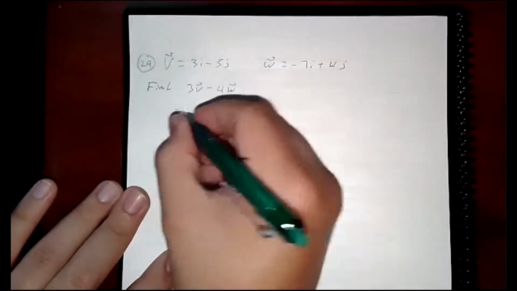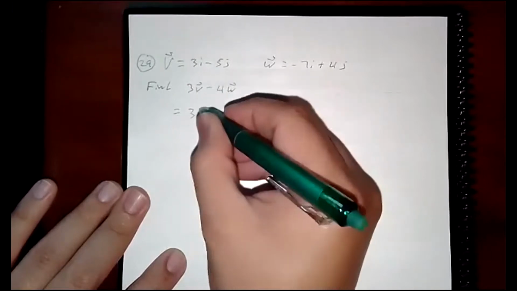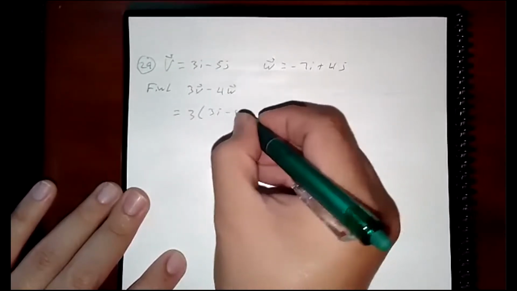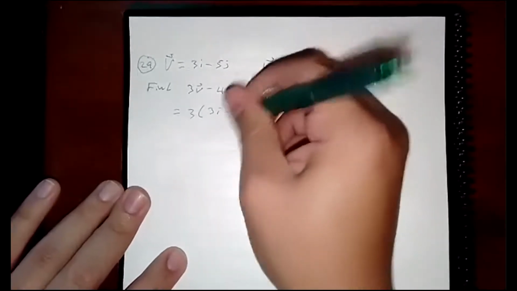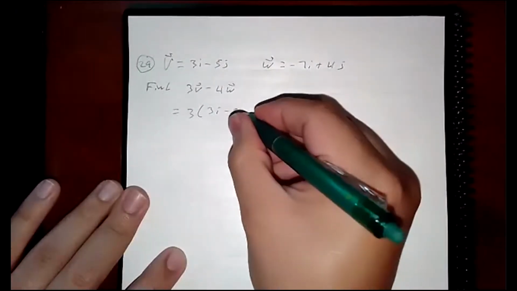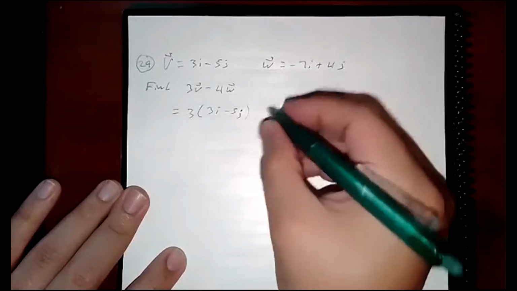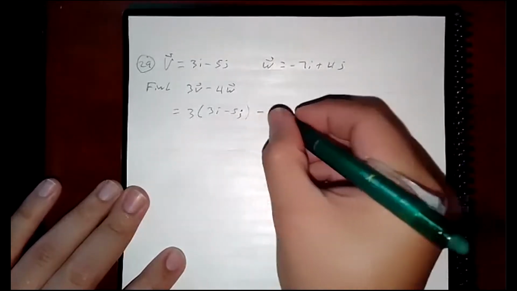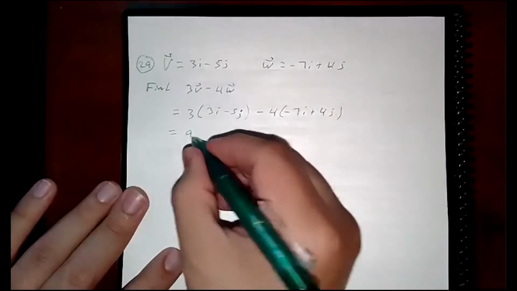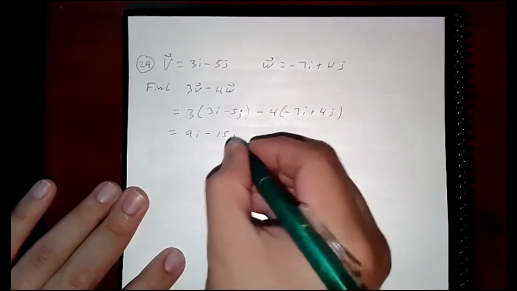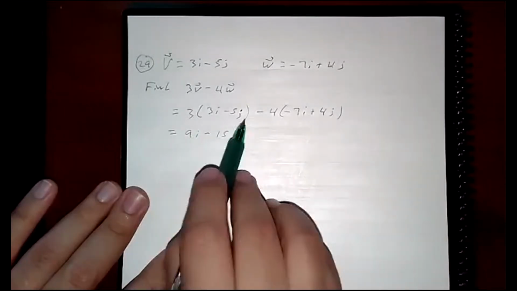So this would simply be just 3 times v, minus 4 times your W. So that'll be 9i minus 15j for this piece here.